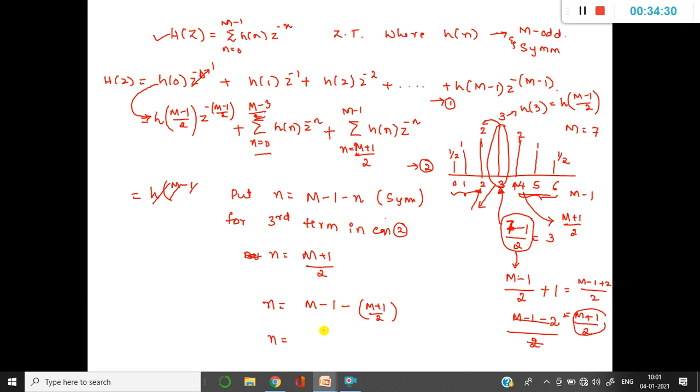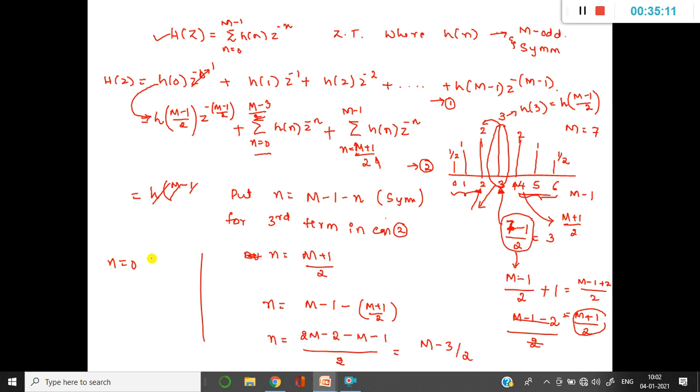Just simplify and let me know. 2 times m minus 2 minus m minus 1 divided by 2, right? So this is equal to 2m minus m, which is m minus 3 divided by 2. So the lower value can be replaced with n equal to m minus 3 by 2.